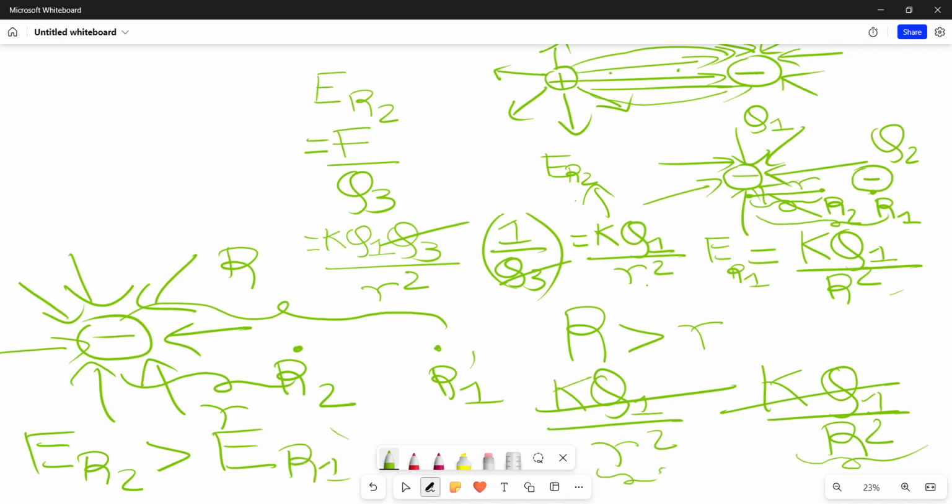And hence, we can conclude that the closer we are to the charge, the stronger is the E field that can be experienced, right? And hence stronger is the force, right? So we can go back and try to analyze vectors here. Obviously, the force between two charged particles, in this case a positive and a negative charge, right? The force is a vector. So electrostatic force, let me call it E force, is a vector.